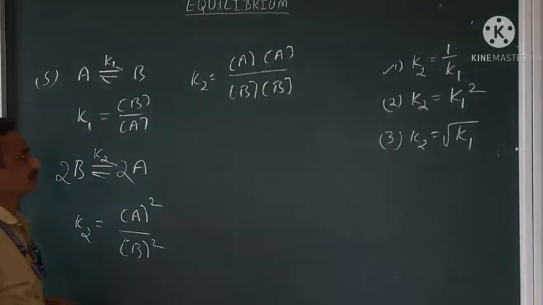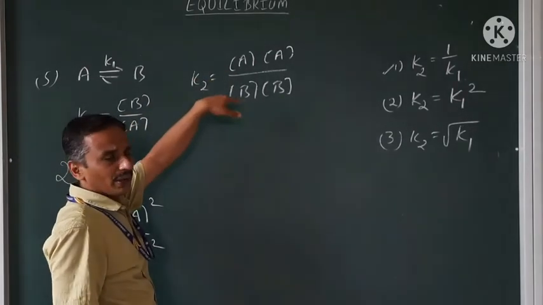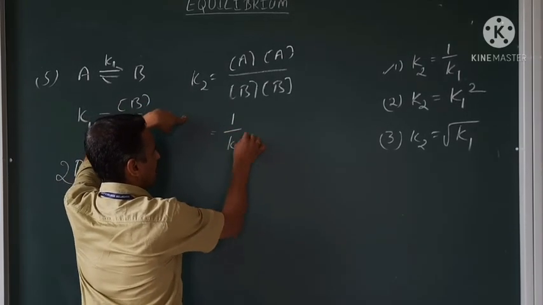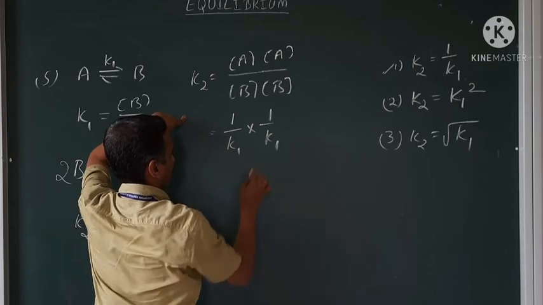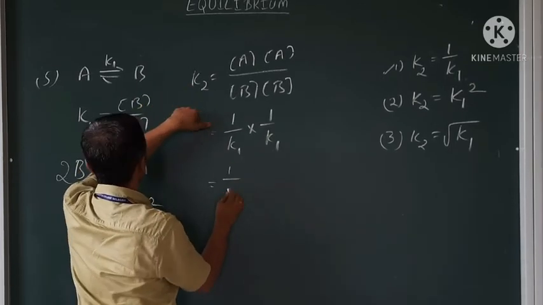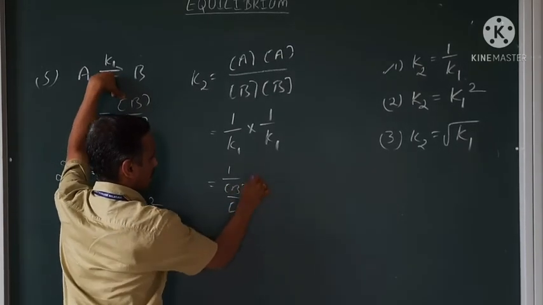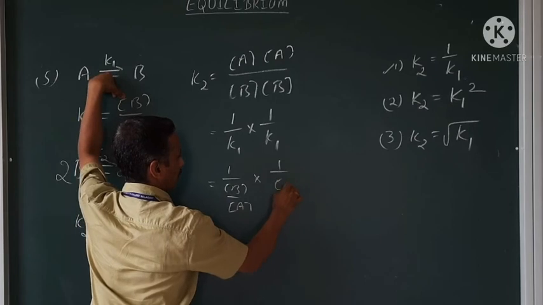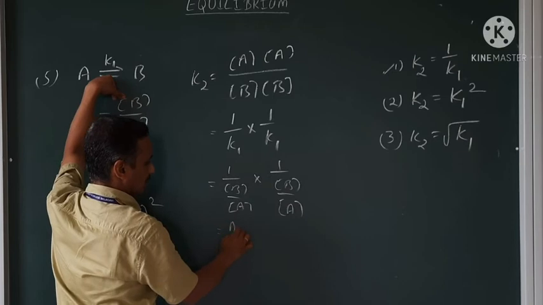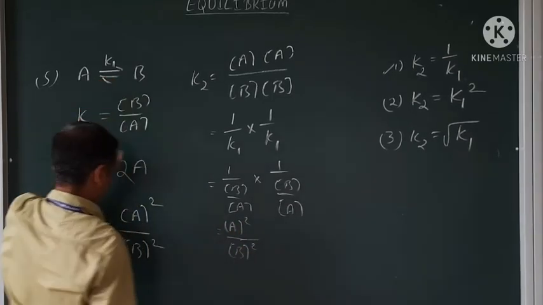Still, go for this. See, A by B, how are we getting? If I go for 1 over K1 into 1 over K1, 1 over B by A into 1 over B by A, that is A square by B square concentration, which is K1.